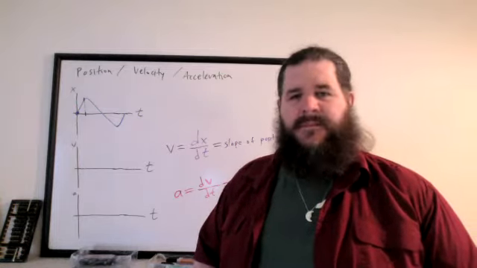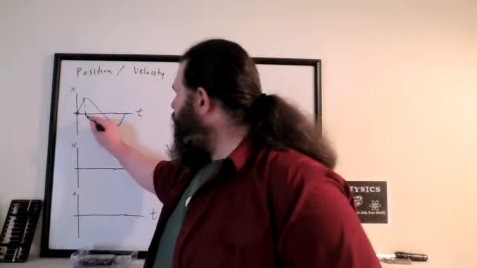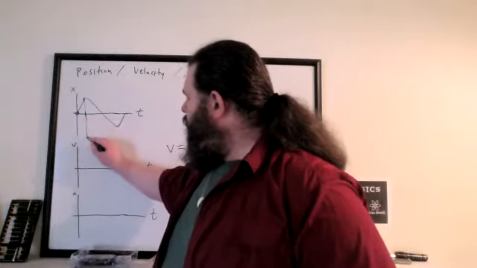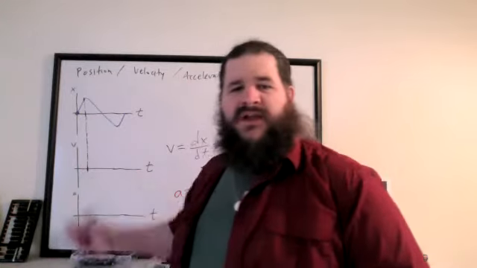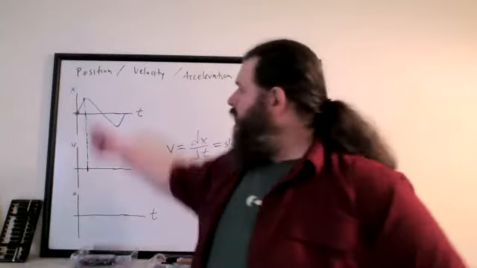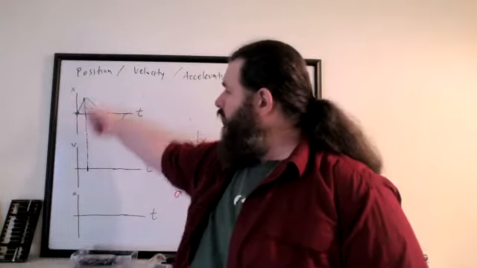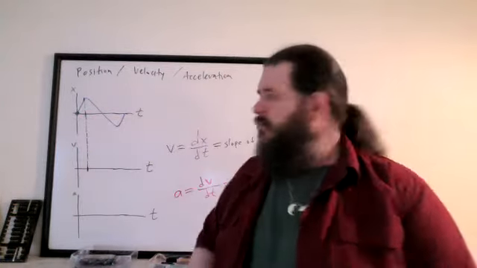It's positive. Yeah, slope is positive. So during this period of time, the velocity has to have a positive value. Position having a positive slope means velocity has to have a positive value.